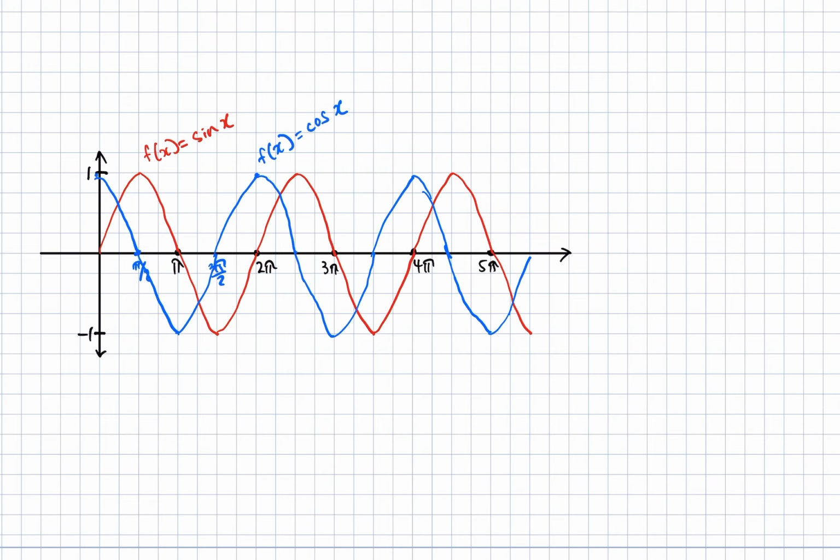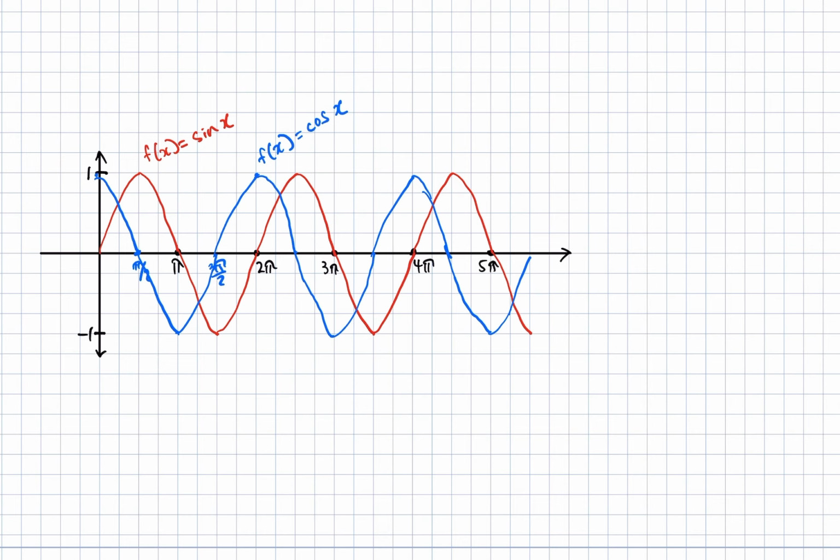Okay, so in other words, if I were to take this red function and just slide it over to the left by pi over 2, it would be identical to the cosine function. And similarly, if I were to take the cosine function and just slide it over pi over 2 to the right, to a positive pi over 2, you'd see that the function would match the sine function exactly the same.